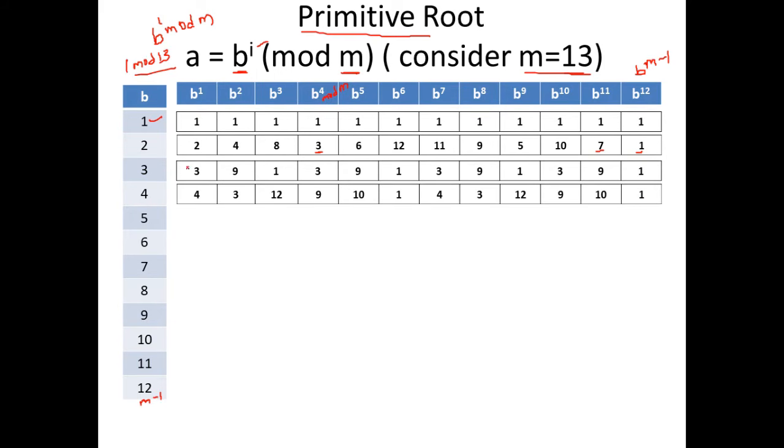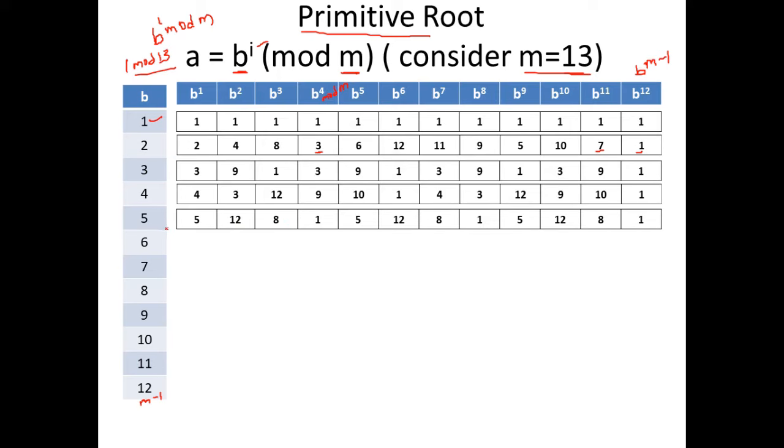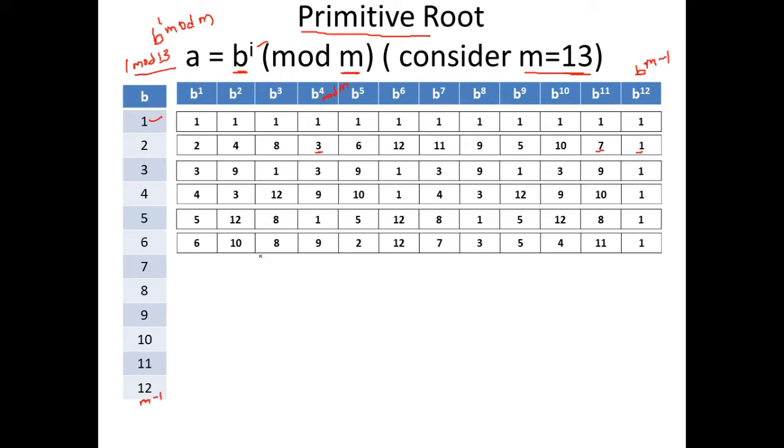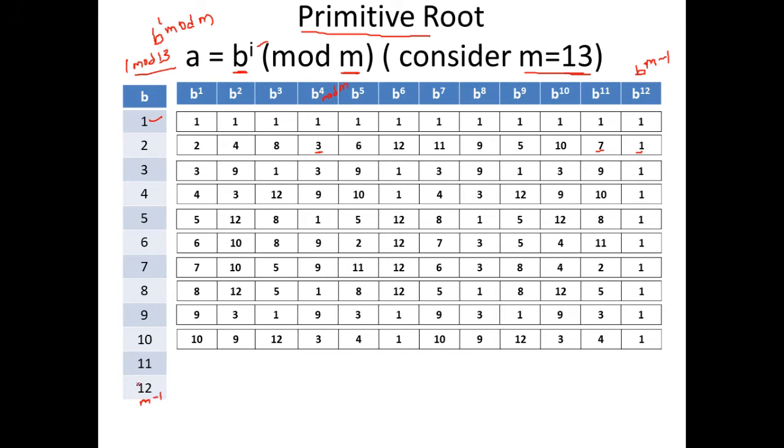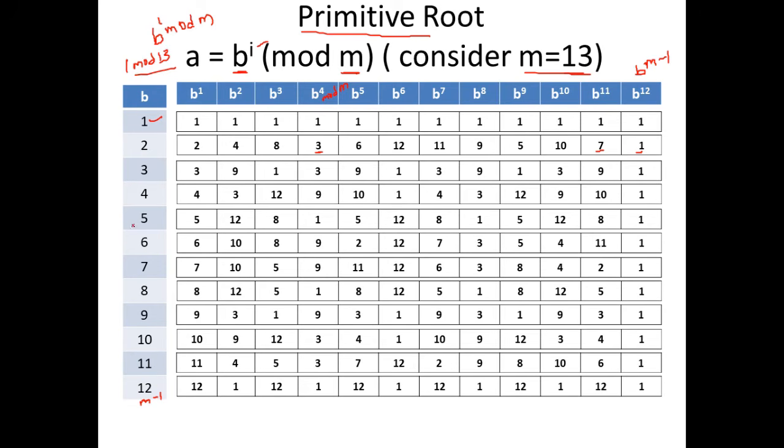You take 4: 4^1 mod m is 4 and 4^3 mod 13 is 12. For 5, 6, 7, 8, 9, 10, 11, 12, you carry out the computation. So you're going to take all the values for b from 1 to m minus 1.